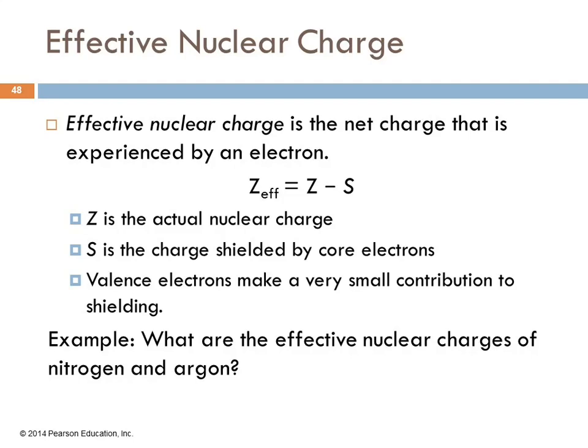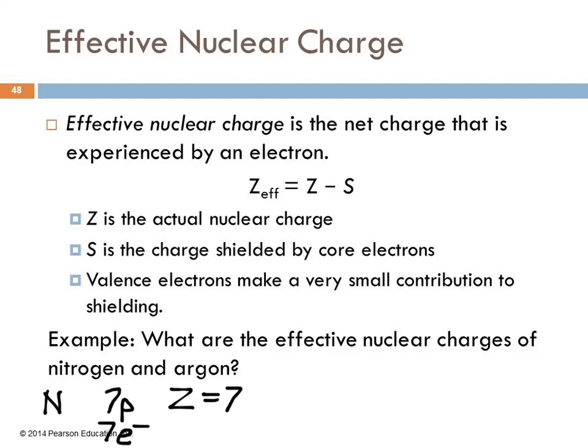So, example: what are the effective nuclear charges of nitrogen and argon? So, nitrogen. How many protons does nitrogen have? 7. So its actual nuclear charge is 7. How many core electrons? Well, let's back this up. It's got 7 protons and 7 electrons, right?